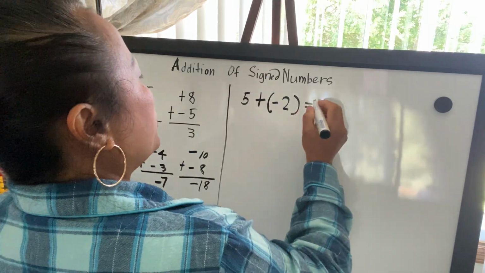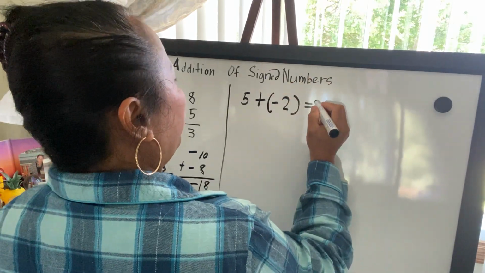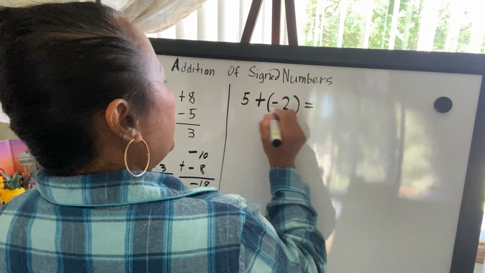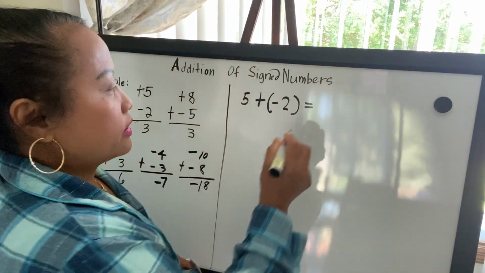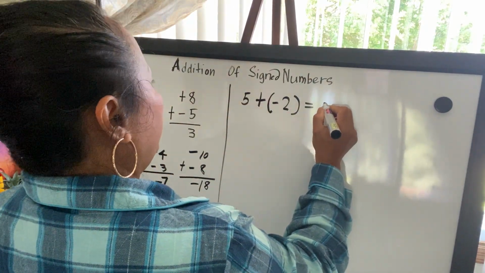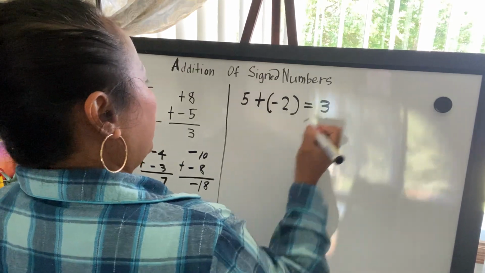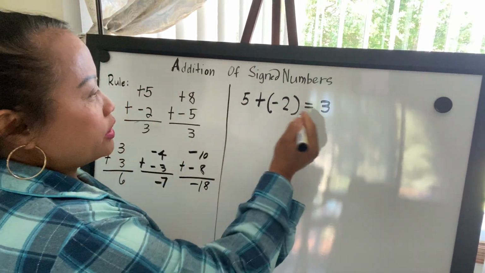You have to subtract. The answer is positive 3. Why is it positive 3?